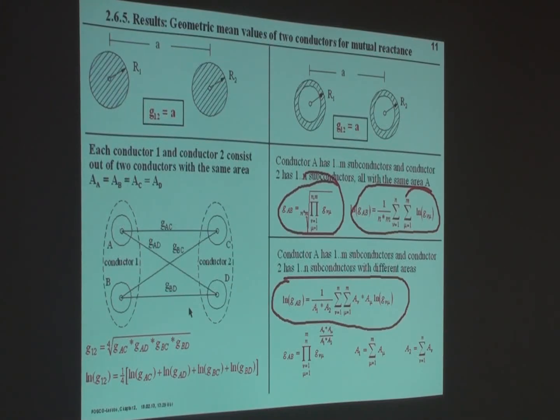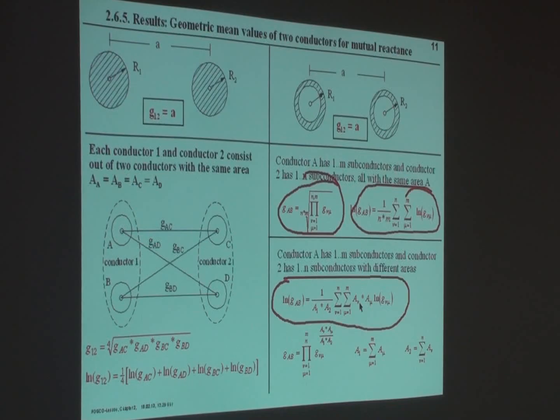Normally, in a real construction, we don't have different areas, I think. So this is the important one. These are the important formulas. I explained this. Yeah. This is this one. Yeah.